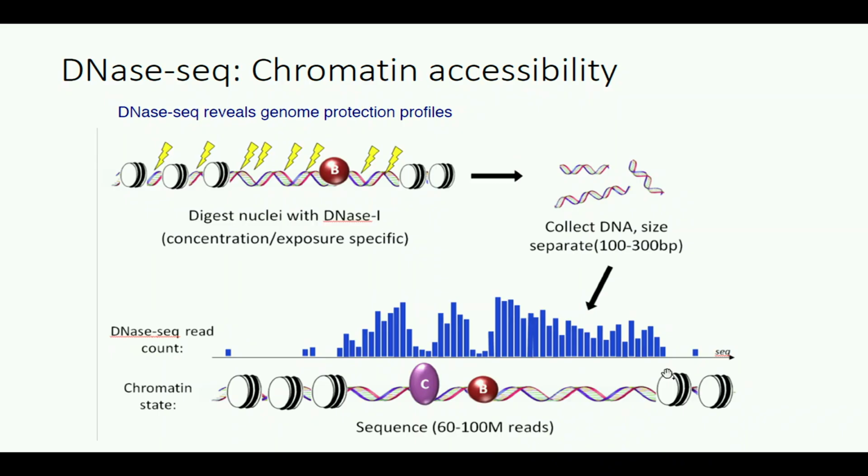So we add this enzyme into the sample at the right concentration, such that only the part of the genome that is open and accessible gets cut out, and we again use the same sequencing technique to sequence these reads and map them back to our genome, so we understand that this part of the genome is open in this cell.